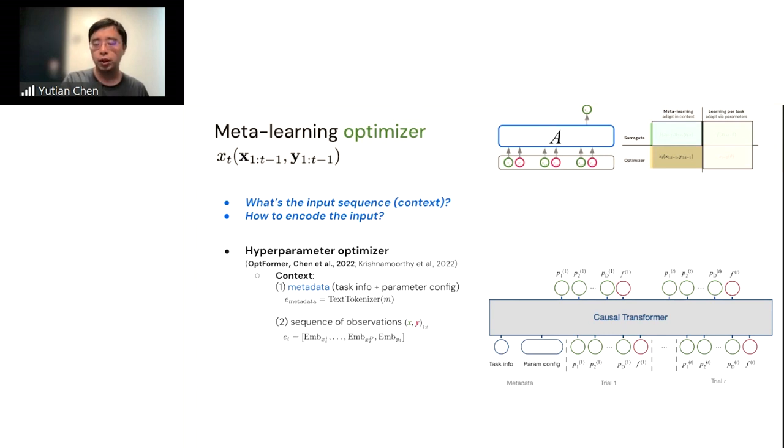For example, if we know that this is to optimize some convolutional network for image classification, we can just describe that in text and feed it in together with all the other numeric values. We can also describe hyperparameter configurations in the same input sequence.